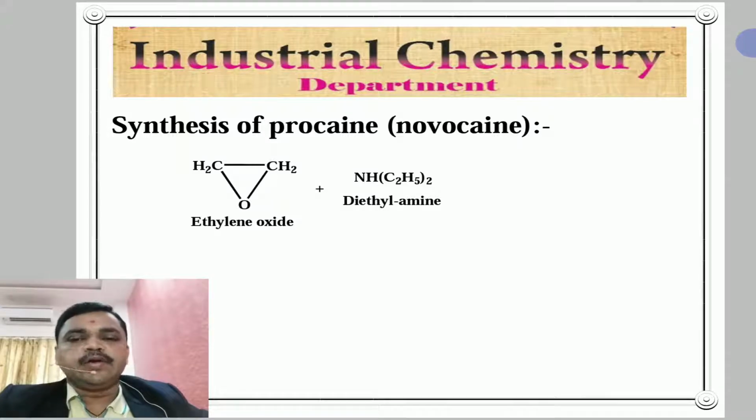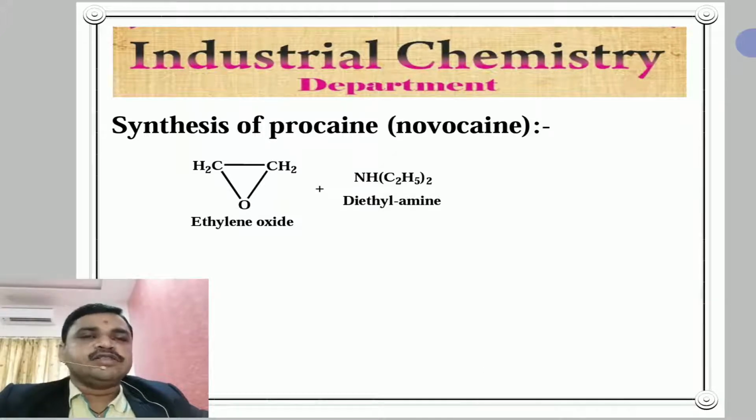In this synthesis, first of all, we synthesize our intermediate compound, 2-diethylaminoethanol, and then it is treated in the synthesis. 2-diethylaminoethanol is synthesized from ethylene oxide and diethylamine.